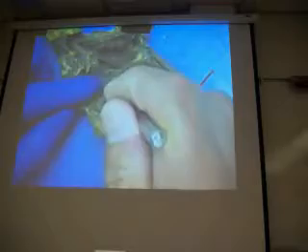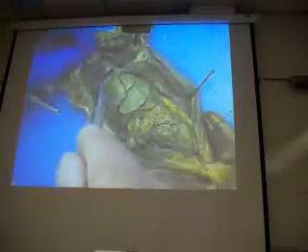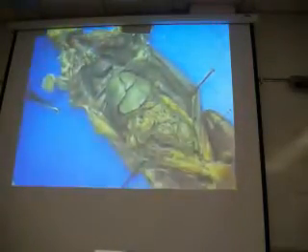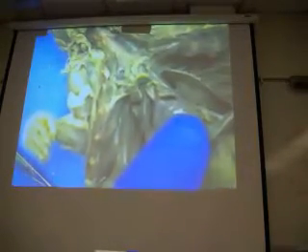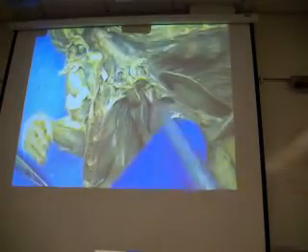So as we take the pericardial sac off, pericardium off, okay. You can see the ventricle that I'm holding. So here is the left atrium.